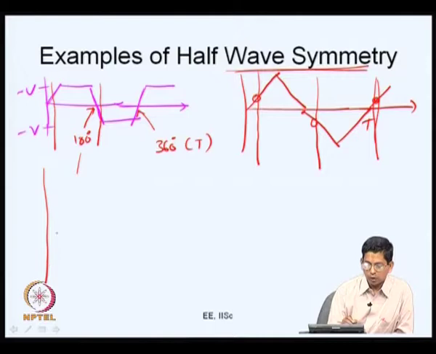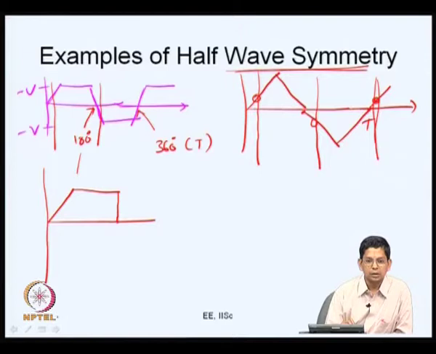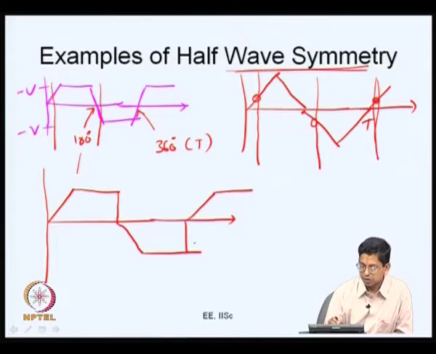Let me give you one more example. Let us say there is a waveform whose signal rises like this and then it is flat. Now, it falls down. Now, this is T, this is T by 2.